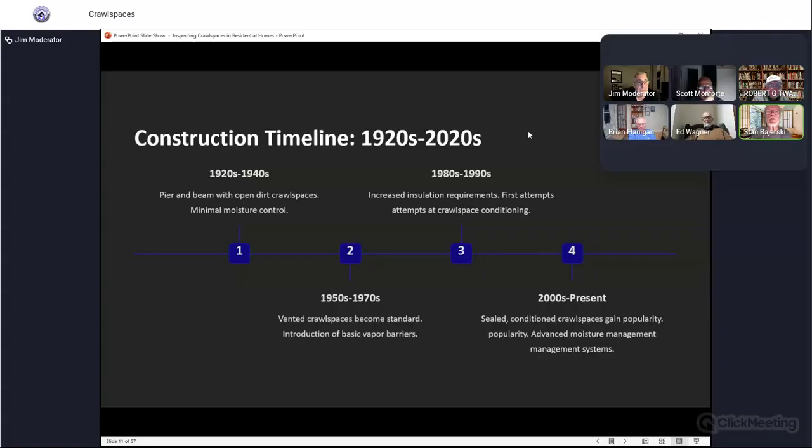So construction timeline, 1920s to 2020s. 1920s to 1940s, pier and beam with open dirt crawl spaces, minimal moisture control. I can attest to that, and I'm sure that anybody that's been in a cottage on the shoreline, a lot of times you would see cedar posts or maybe the old style concrete blocks, strategically located.